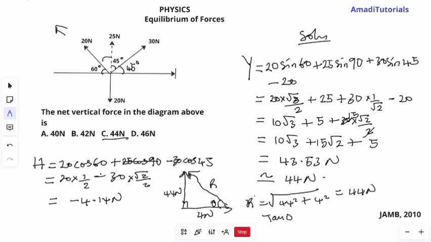That means tan theta will be equals to opposite over adjacent, that's 44 over 4, which equals 11. And then theta will be equals to tan inverse of 11, which will give you 84.8 degrees. So that's the direction.